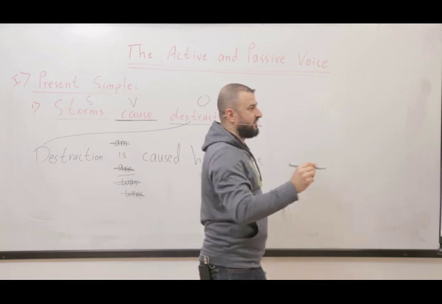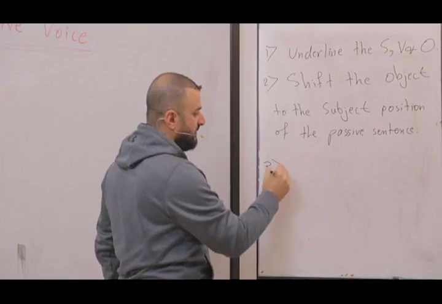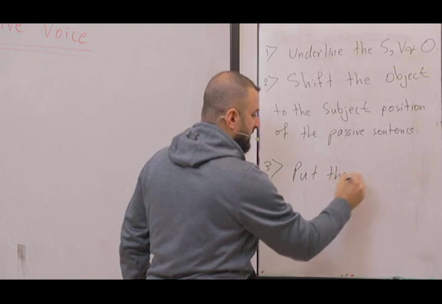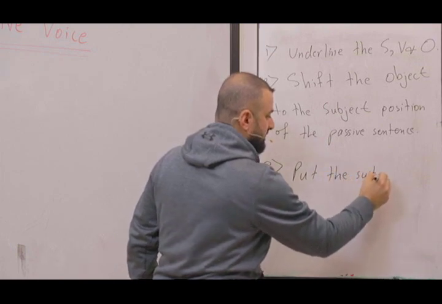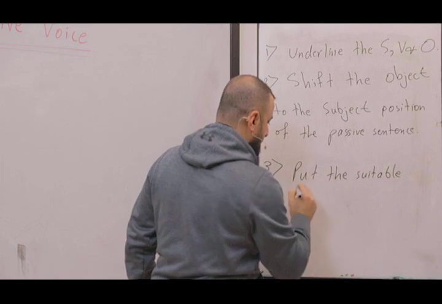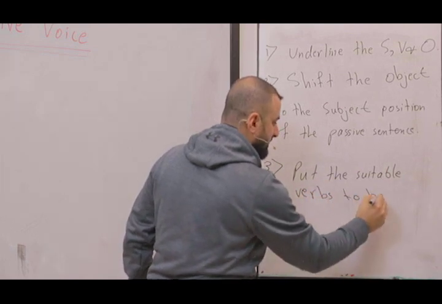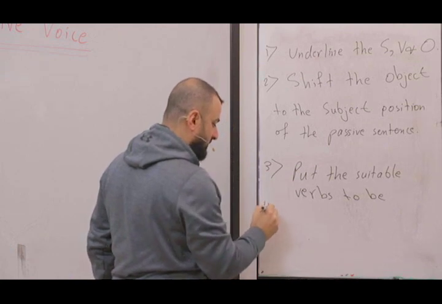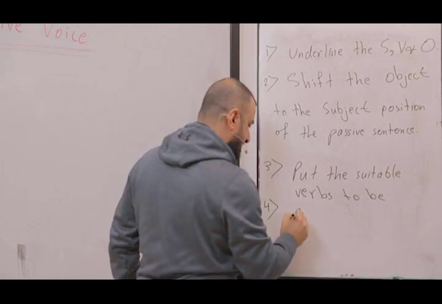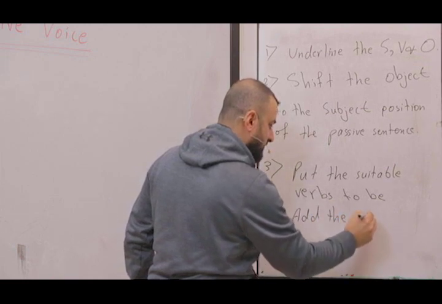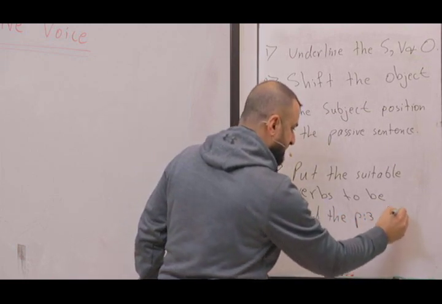So we can add here number 3, put the suitable verbs to be. Then number 4, add the part 3 of the verb, which is the past participle.